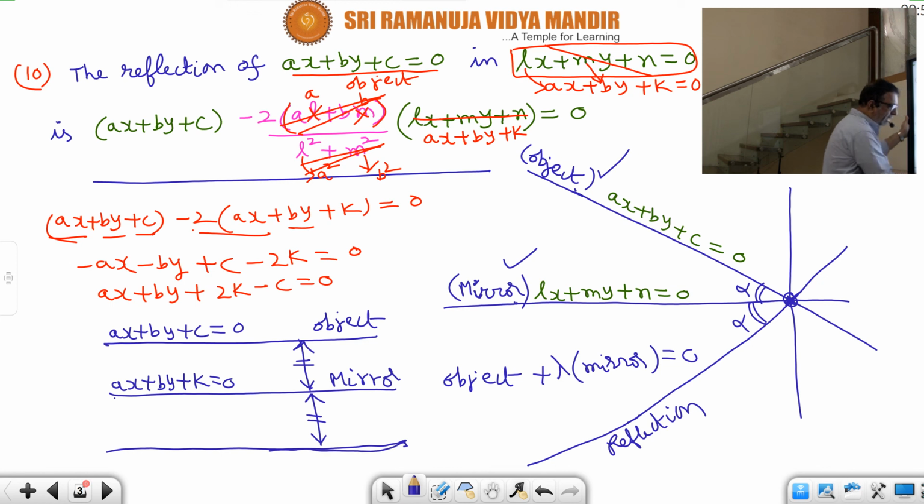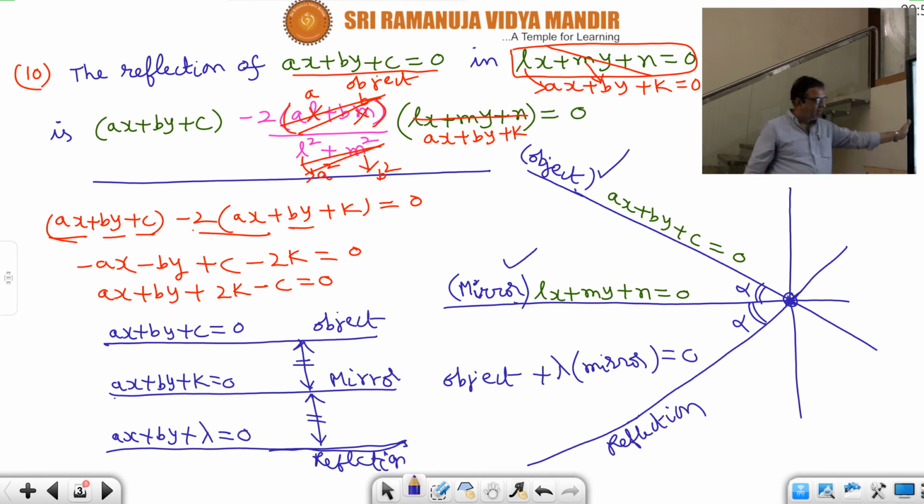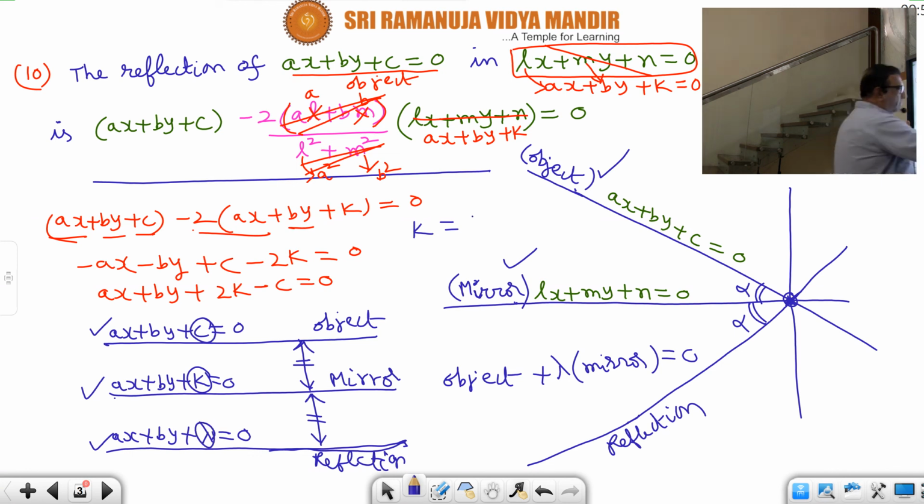So you will get a parallel line as the reflection line. Let us take this line as ax plus by plus lambda is equal to 0, because it is parallel to both of them. But how do you calculate lambda? For this line and this line, this is the midway line. So the midway constant k should be equal to c plus lambda by 2.